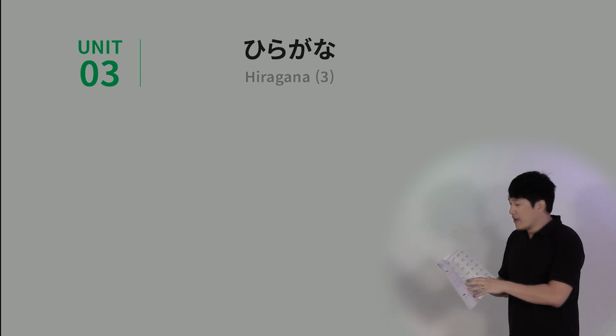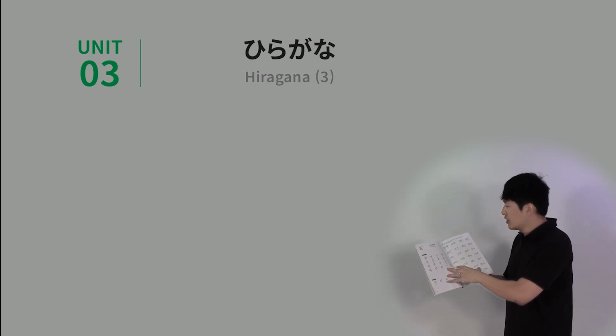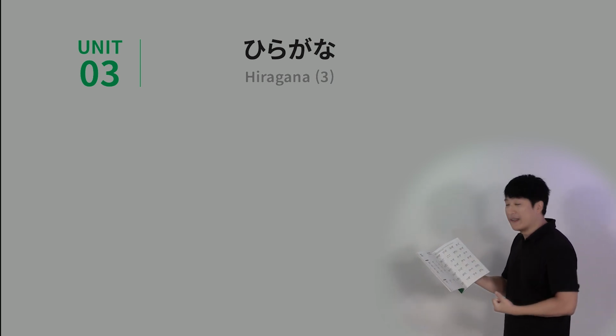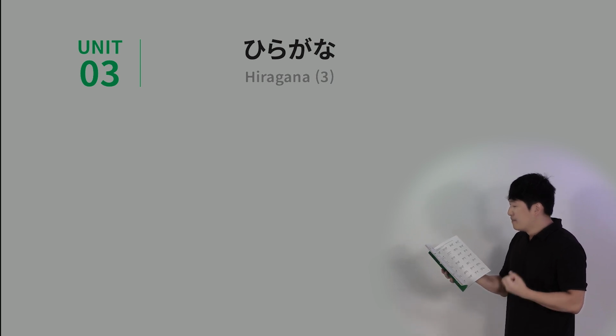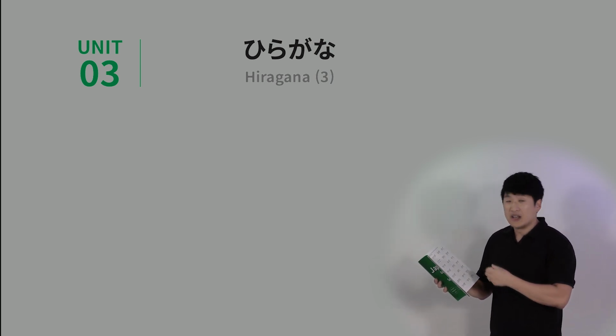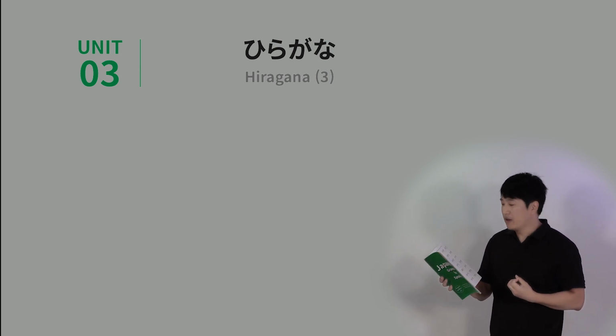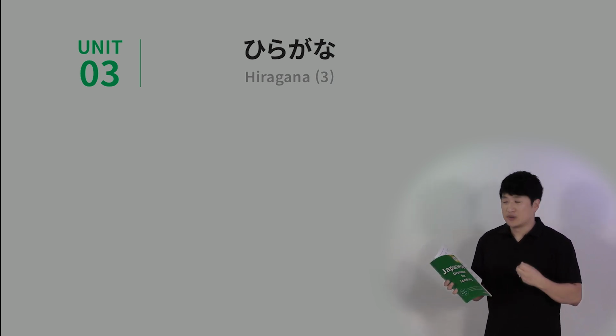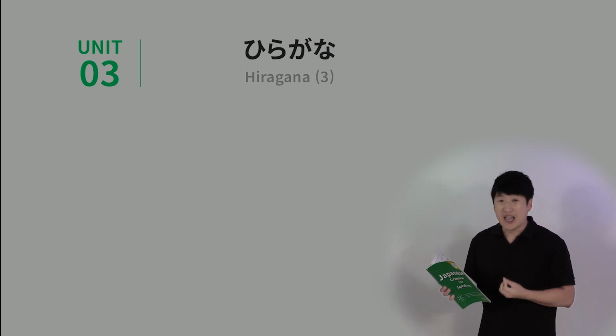That's it. So if you see the next page, you're going to see a lot of random words, right? The reason why I didn't write the meaning of all these words was because I wanted you to practice typing in Japanese.